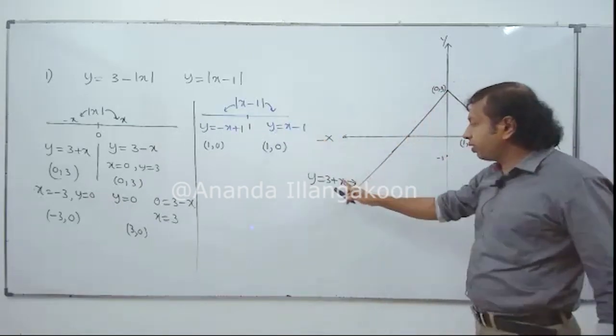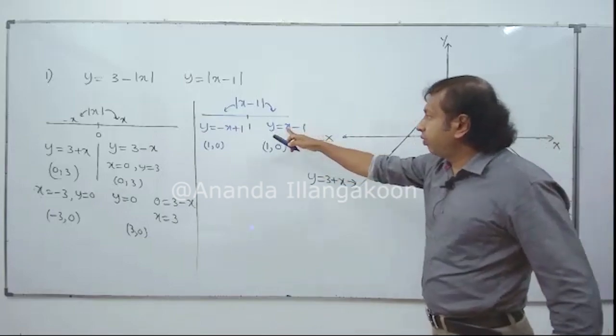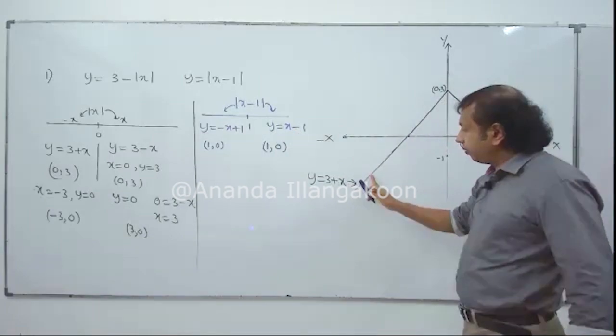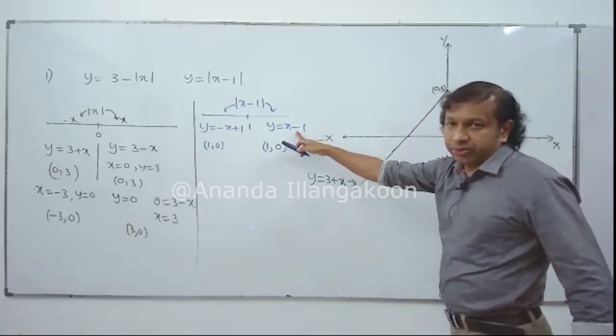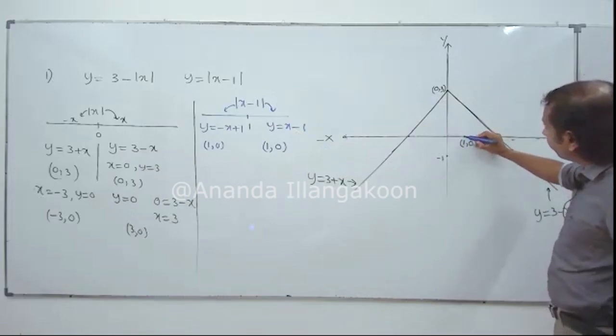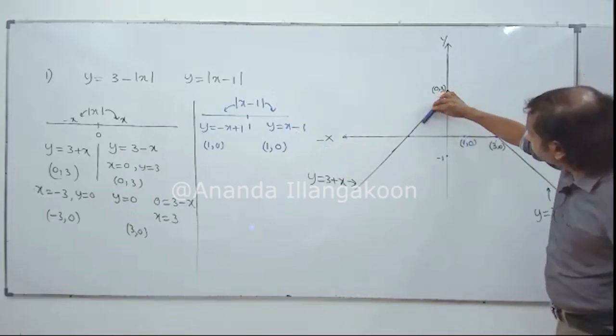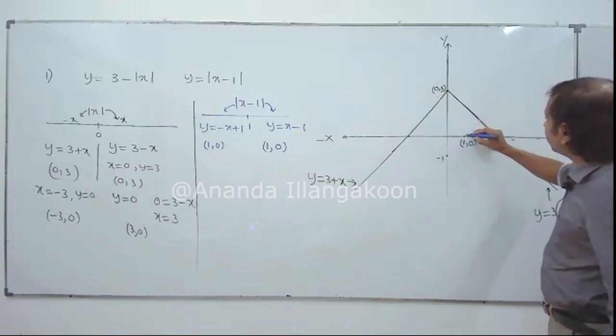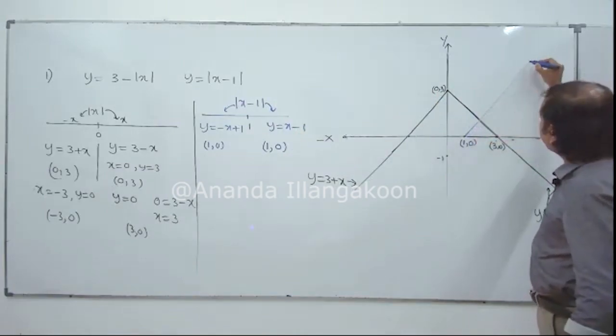This line also has gradient 1. The line we are going to draw is gradient 1. Therefore, this line and the line we are supposed to draw here should be parallel to each other. Like this, when we draw a line here parallel to this one, remember that. This way we get that one.